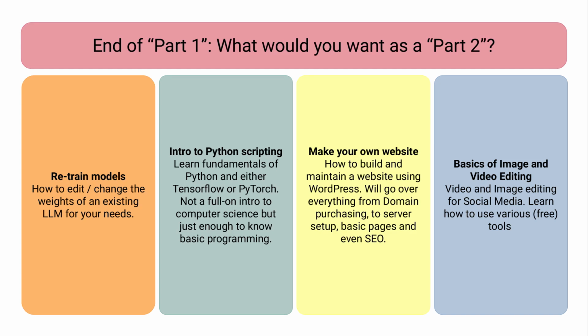That could be one lecture. Another lecture could be just a basic intro to Python. As I mentioned earlier, all these frameworks like to use Python for everything, and if you know Python, you can get started. Now, this is not going to be an entire computer science course. This would be just an introduction to Python just to get you started.